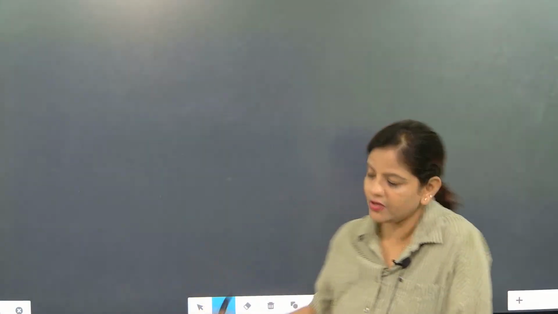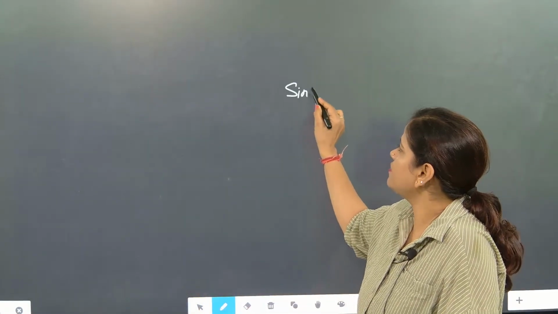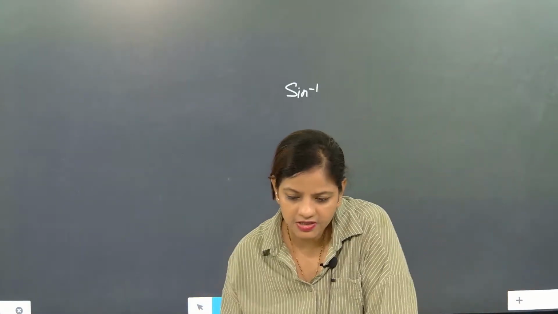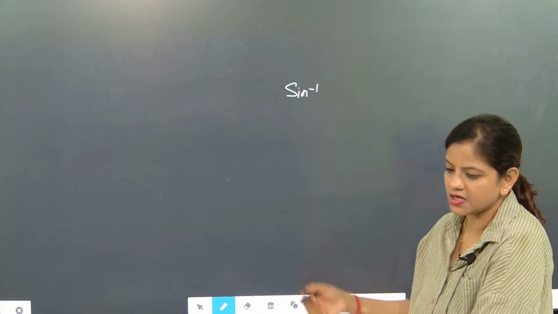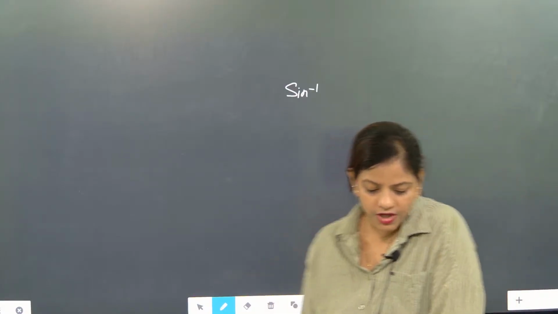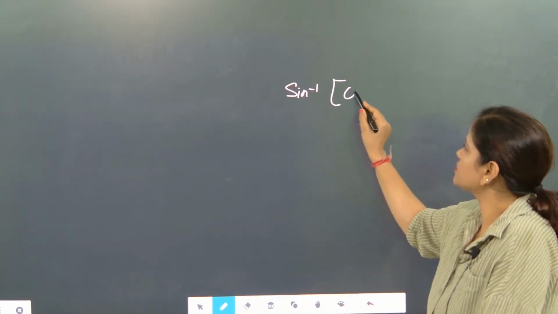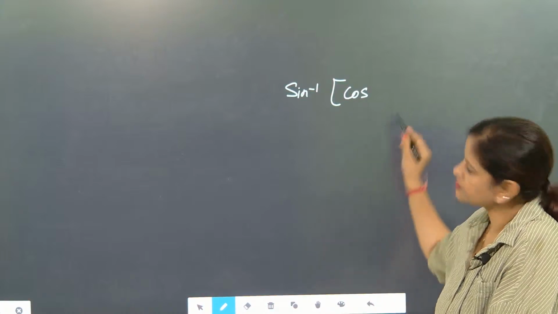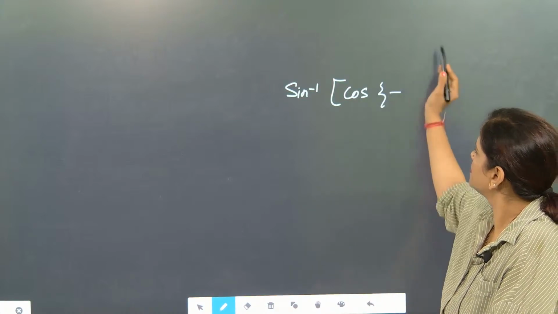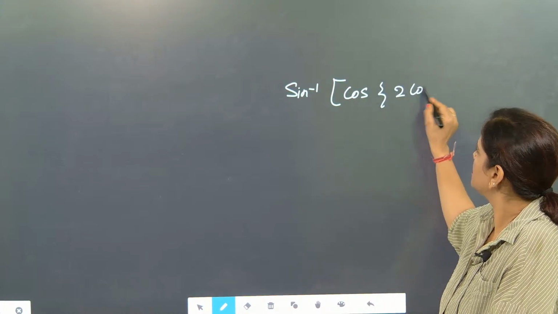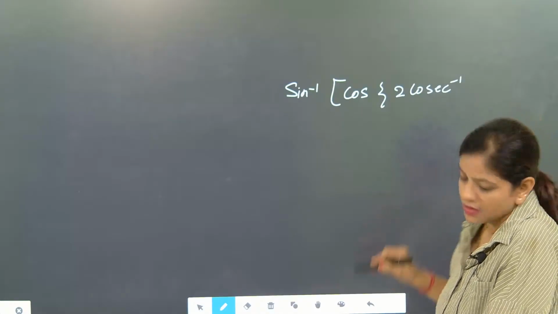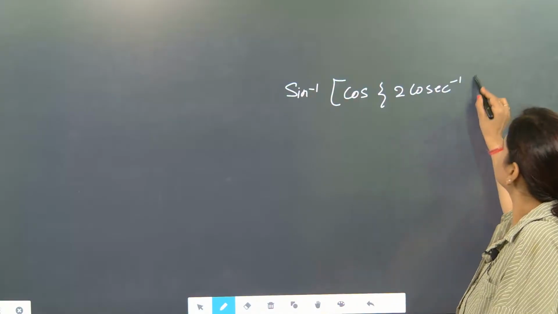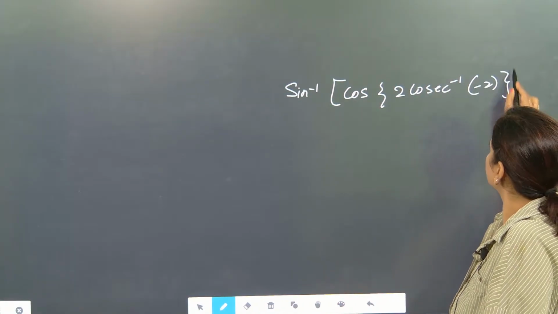Another short question I am giving you, that is sine inverse, because this is an experimental test I am taking where most chapter content will be there with you. So now look here. It is sine inverse of cos of 2 cosecant inverse of minus 2.